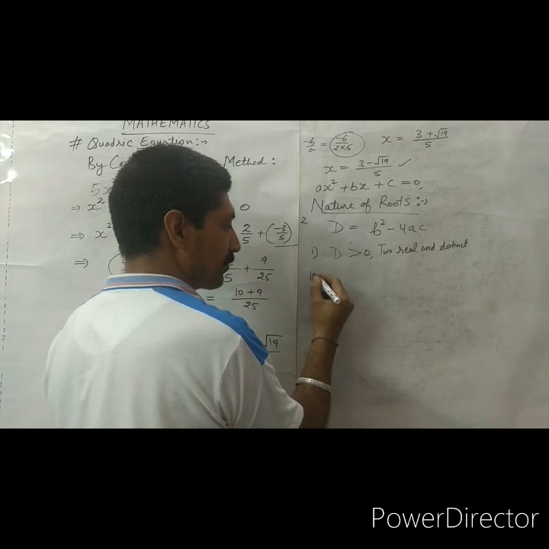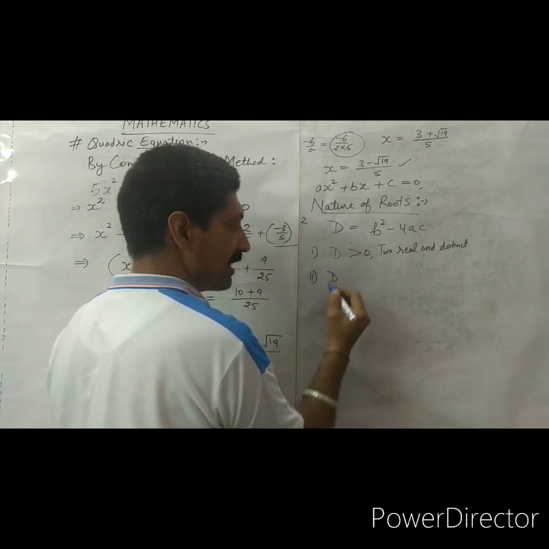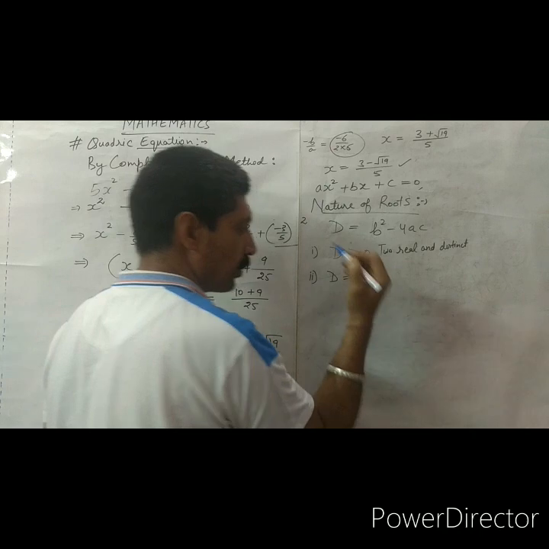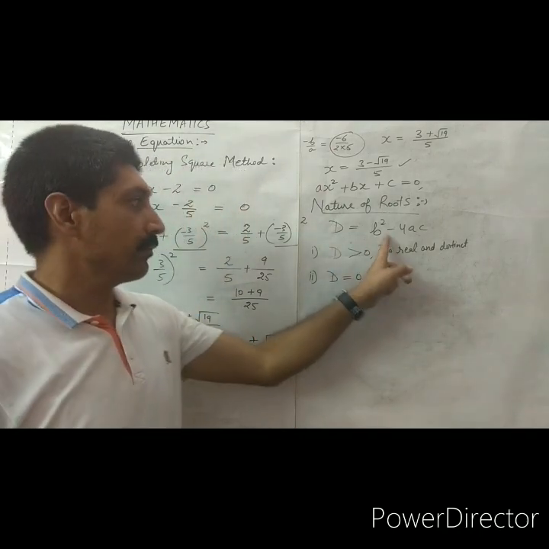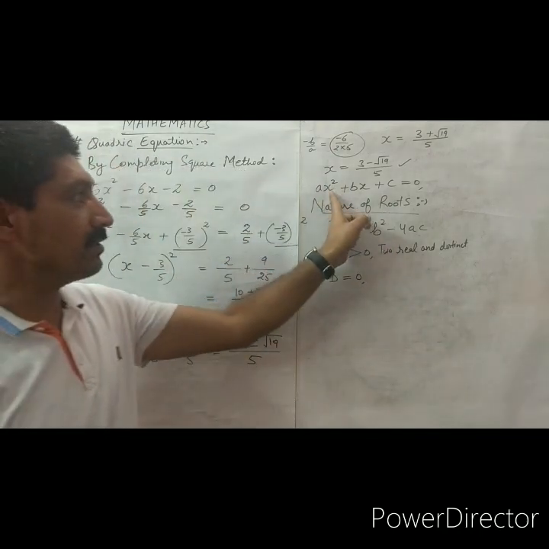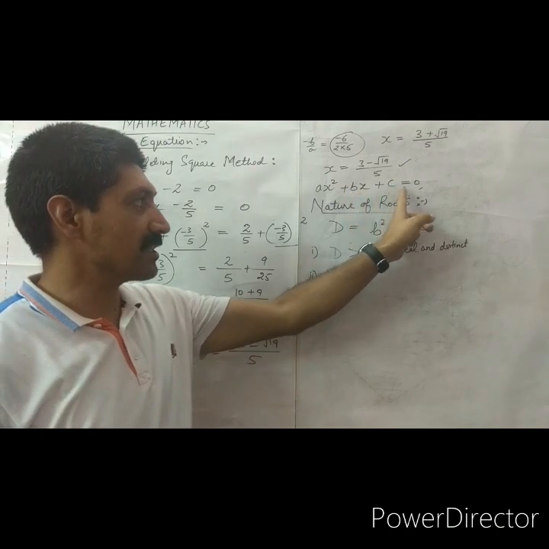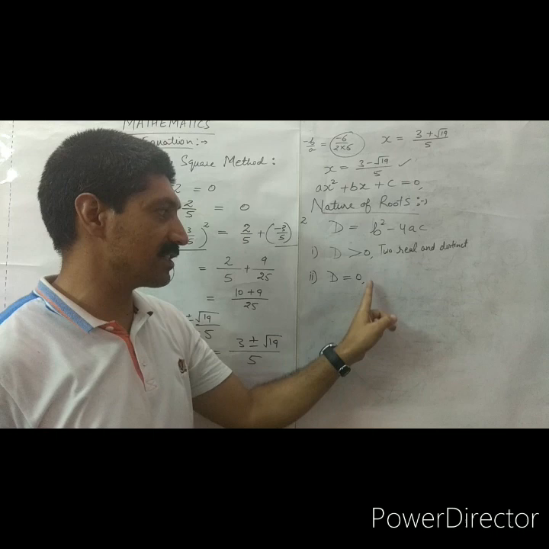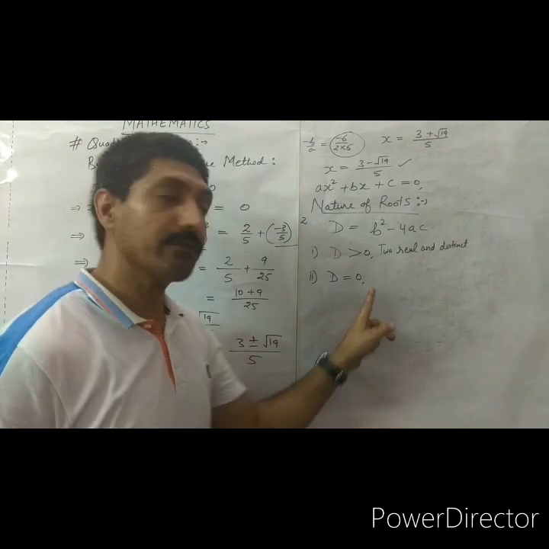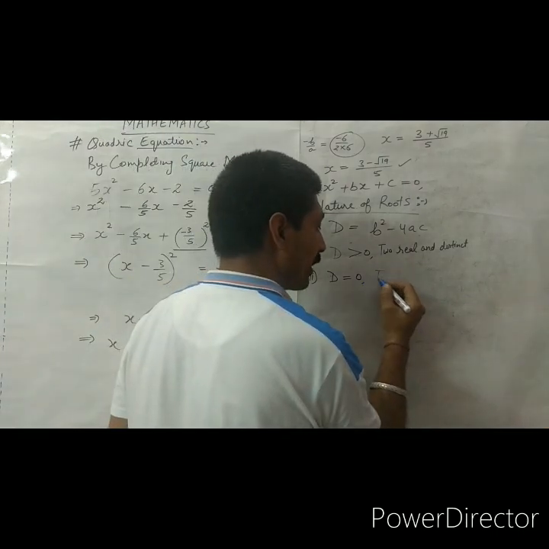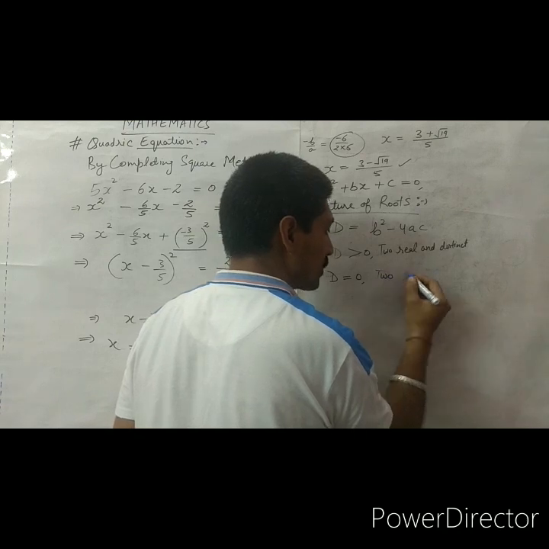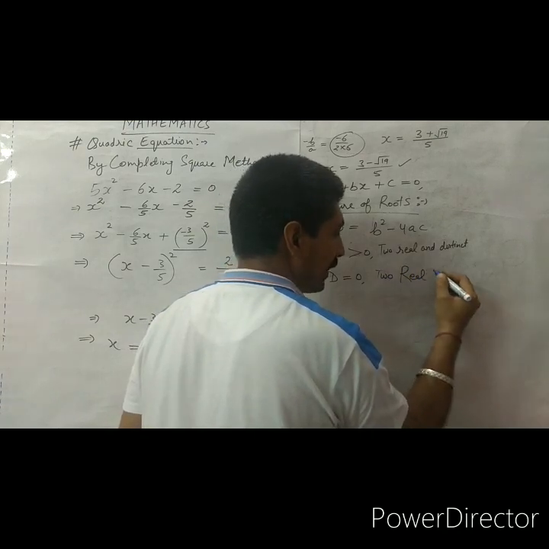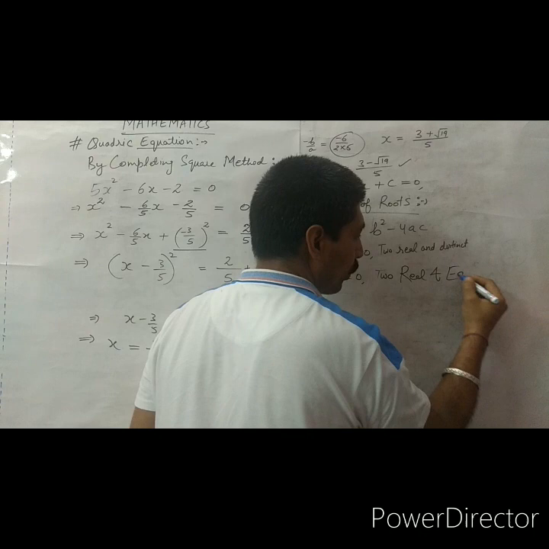Second case, when the discriminant is equal to 0, for any quadratic equation ax square plus bx plus c is equal to 0, if the value of b square minus 4ac is equal to 0, then we have two real and equal roots.